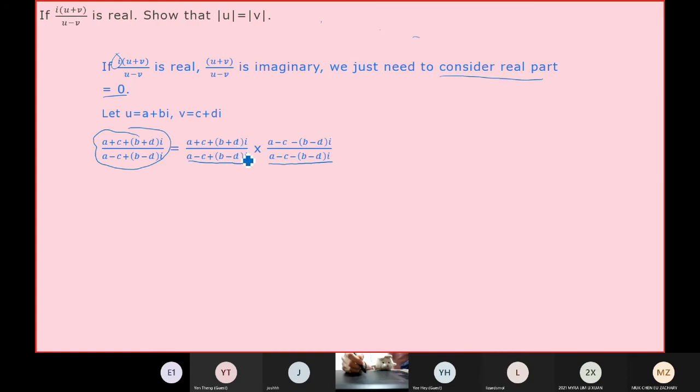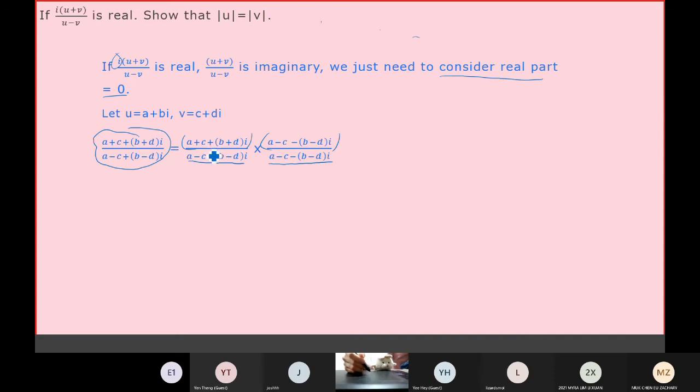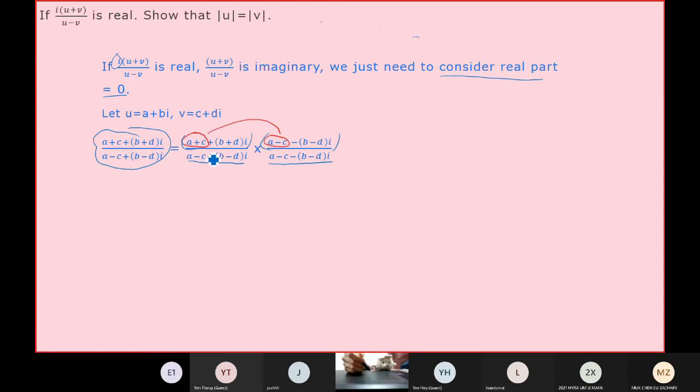But for the numerator, we only want the real part. So I group them together, like what we've done earlier in algebra: consider the real together and the imaginary together. My real a plus c, in order to still be real, I can only multiply with the real part of the other factor.